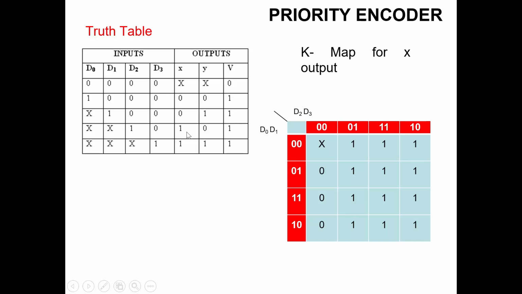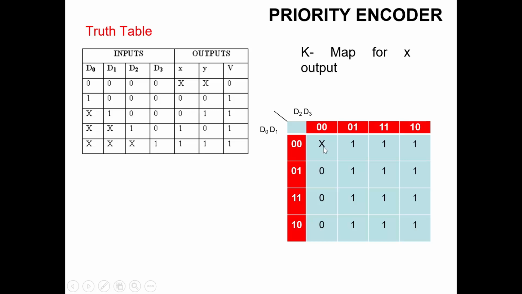Now the output is 1 here when D3 is 0 and D2 is 1. For this column, all the entries will be 1, 1, 1. All the others are 0, 0 except the first one.